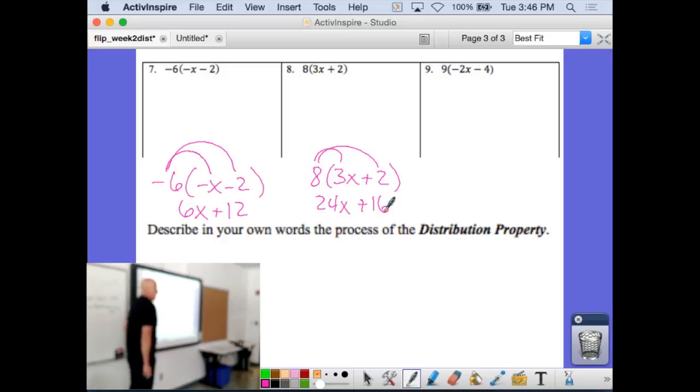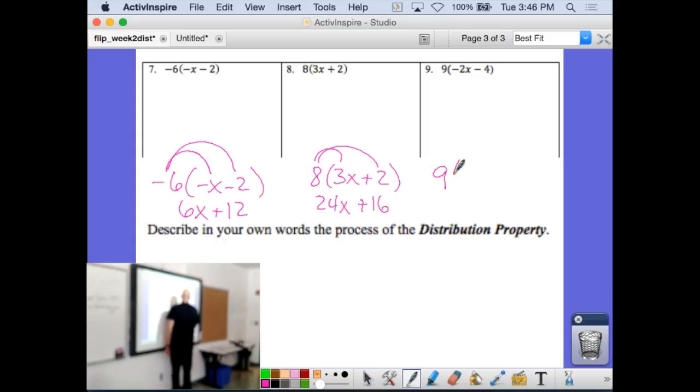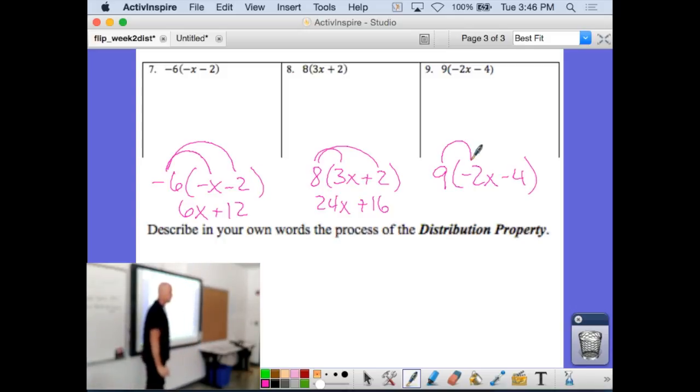All right, last one, number 9. Nine times negative 2x. Negative 18x. Right, negative 18x. And then 9 times negative 4. Negative 36.